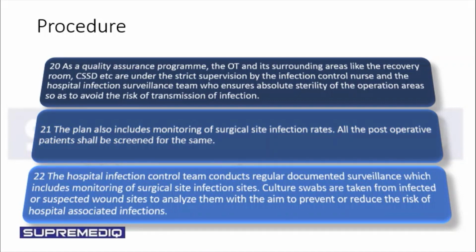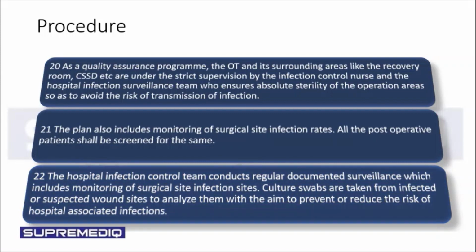The hospital infection control team conducts regular documented surveillance, which includes monitoring of surgical site infections. Culture swabs are taken from infected or suspected wound sites to analyze them with the aim to prevent or reduce the risk of hospital-associated infections.